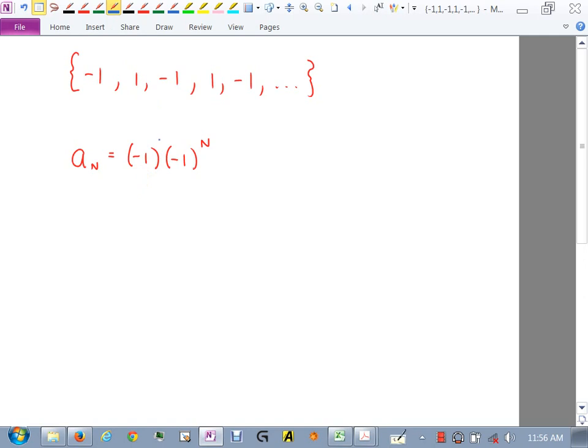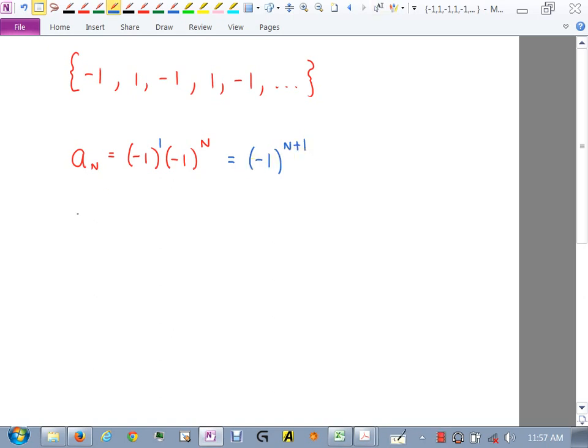But we all want to get better and become calculus students. We understand that when you have two bases that are the same, and you have different exponents, you can put these together, and you can do what with these exponents? How? Add them. So this is the same as what? -1 to the n plus 1, or 1 plus n. Isn't it? Now what happens?